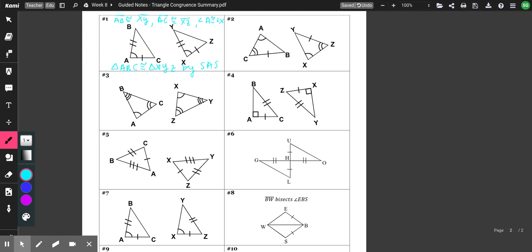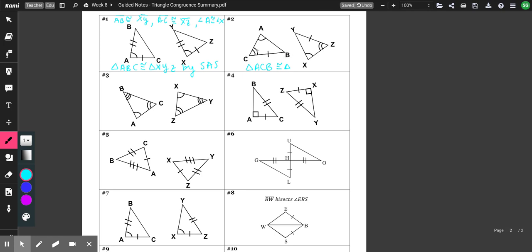Okay, so let's see. So I've got two angles and a side that's not between them. So angle, angle, side. Oh, that proves congruence, right? So I can say from this, the triangle, you know what, I'll go with ACB. It's congruent. I control that. So do you.